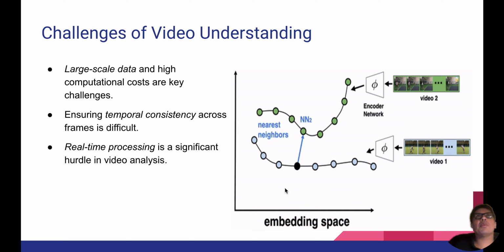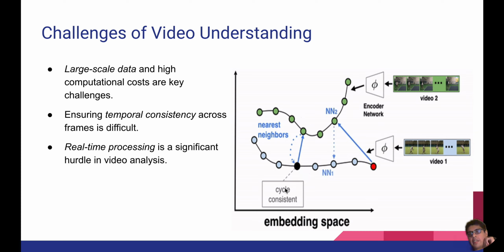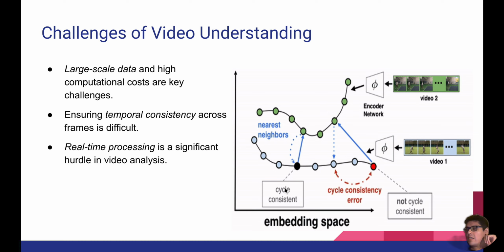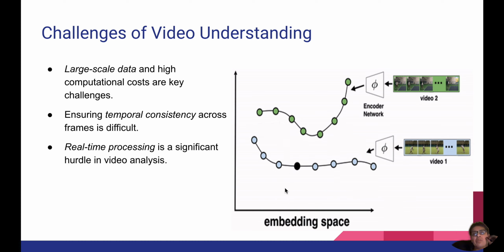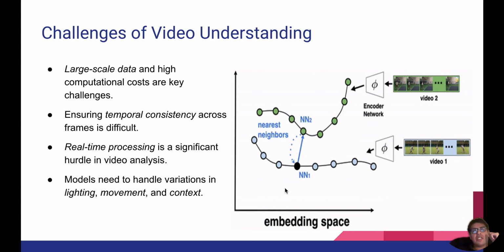And the reason for that is because, again, you're doing a different type of classification. But in videos, it's even more challenging because video is the repeated application of that model, and not only in itself, but combined with other processes to determine what's happening. So if you need to do this in real time, then you have to get fast, accurate detection, which is a challenge. Models need to handle variations in lighting, movement, and context.